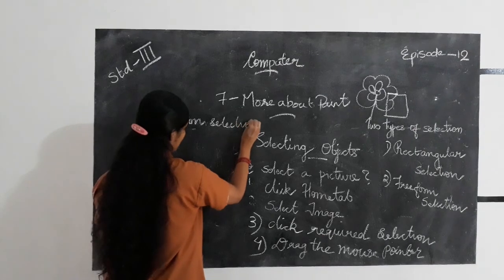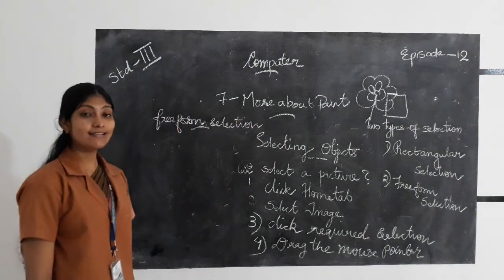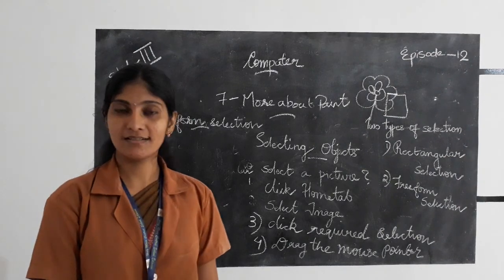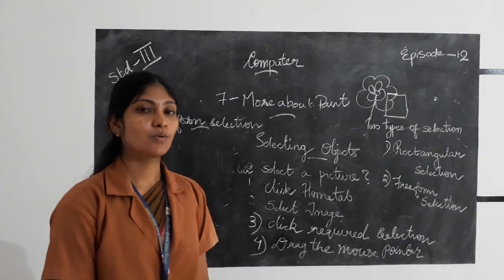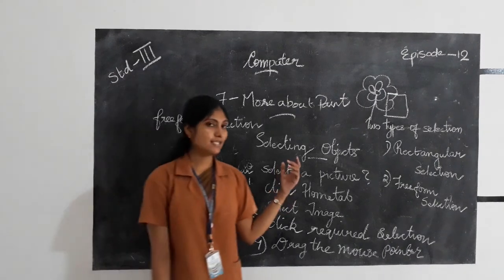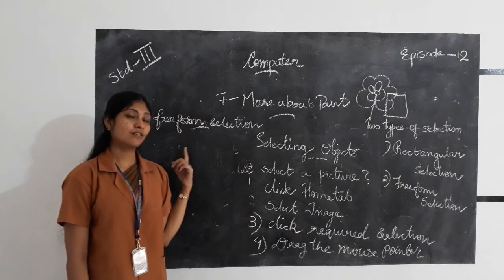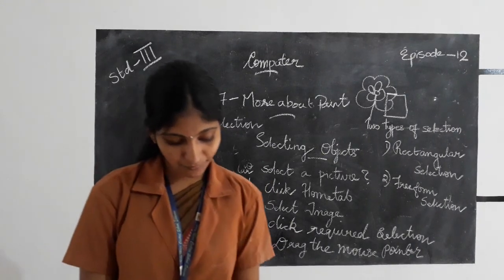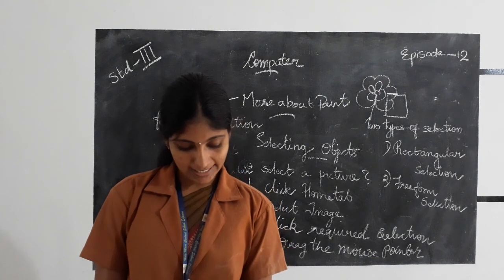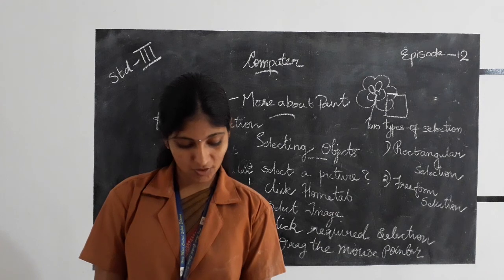So in free form selection, there is no shape like rectangle or square. It is an irregular shape. So if you want to select in an irregular shape, you can go to which selection? Free form selection. So here free form select means to select any irregularly shaped part of the picture.